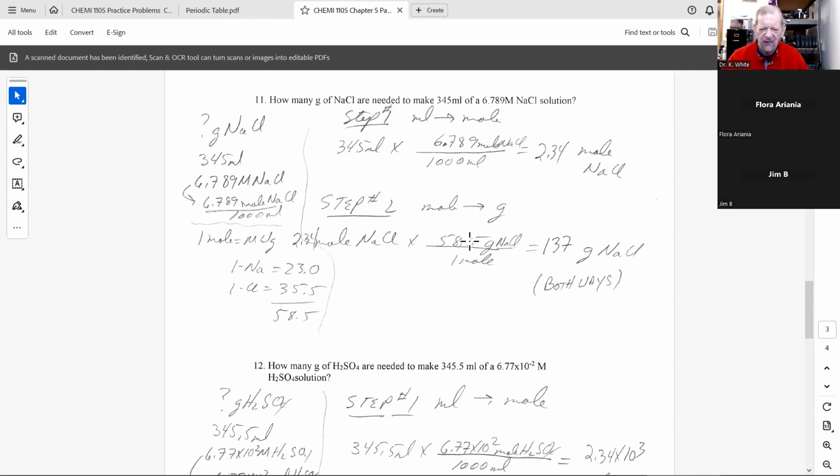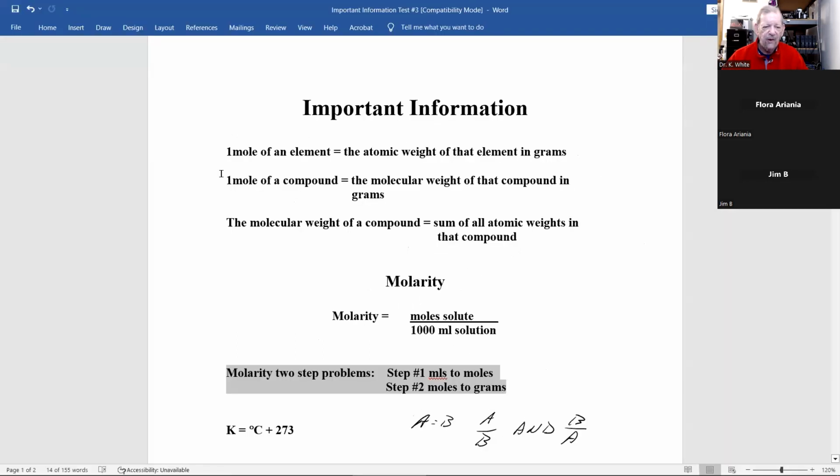Now, where do I get this relationship, 1 mole of a compound to grams of a compound? Well, in case you forgot from test number 2, 1 mole of a compound, this is important information. Test number 3, you'll be given this, is equal to the molecular weight of that compound in grams.